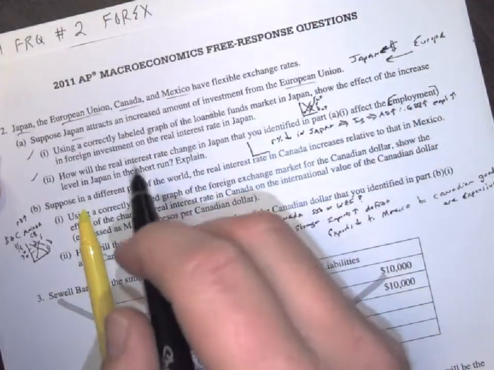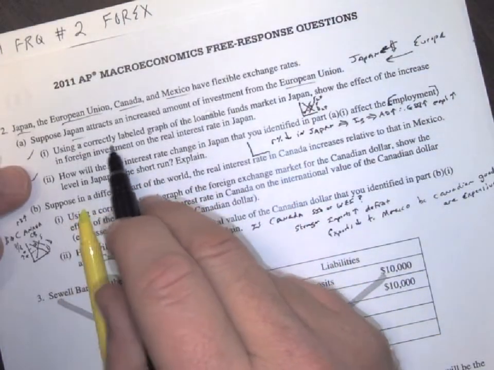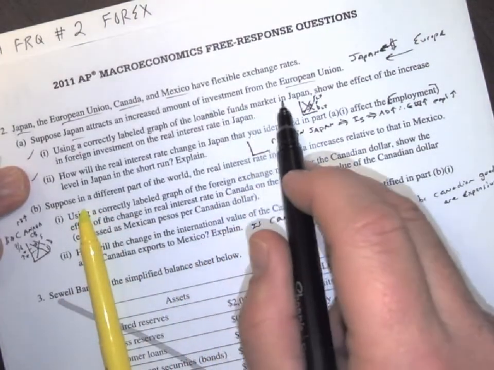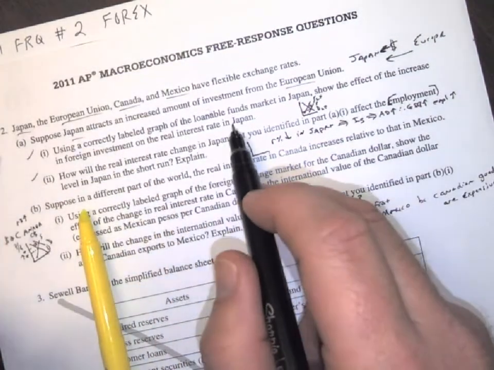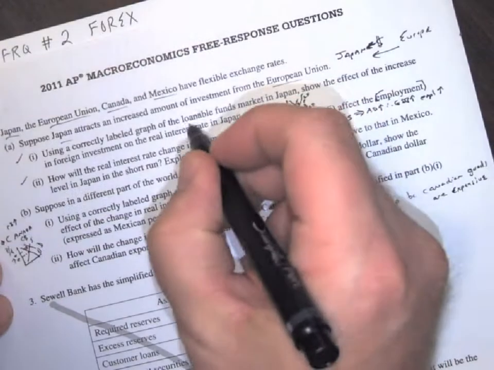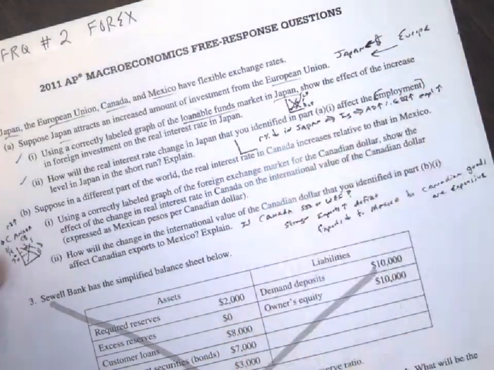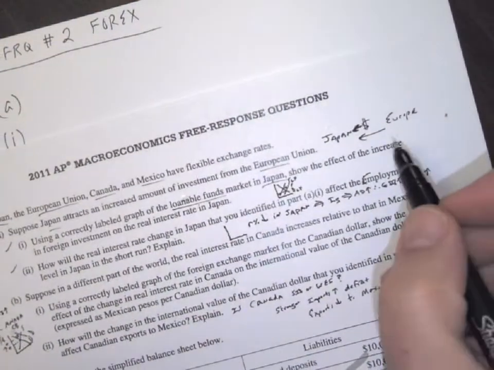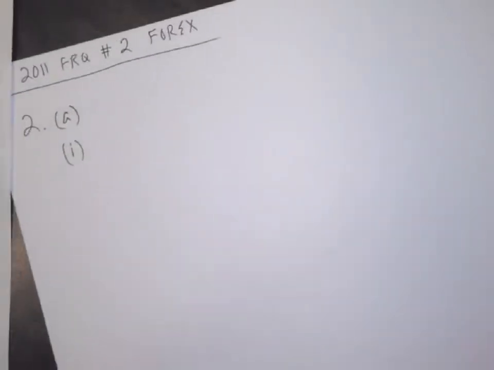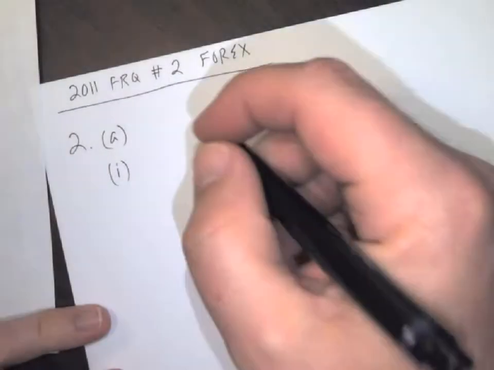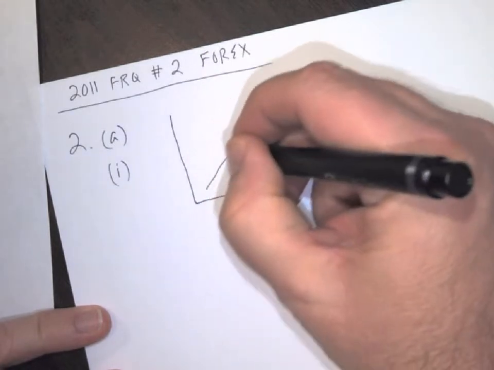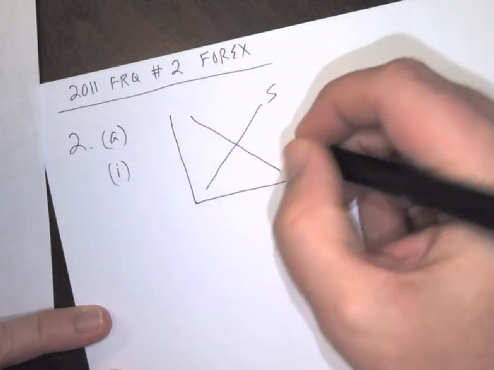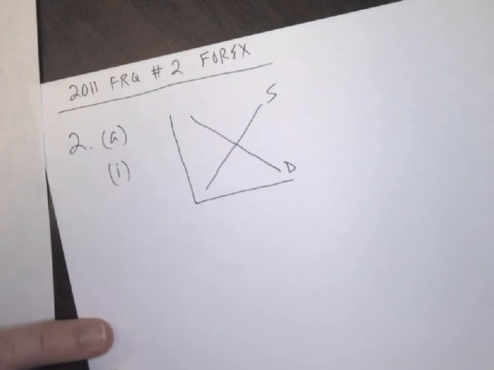So part I says, using a correctly labeled graph of the loanable funds market in Japan, show the effect of an increase in foreign investment on the real interest rate in Japan. So I have to draw loanable funds for Japan. Now, I know money is coming into Japan, so that tells me that's going to be the supply of loanable funds. I'm going to draw my supply and demand graph, because remember, everything's pretty much supply and demand except for the labels.